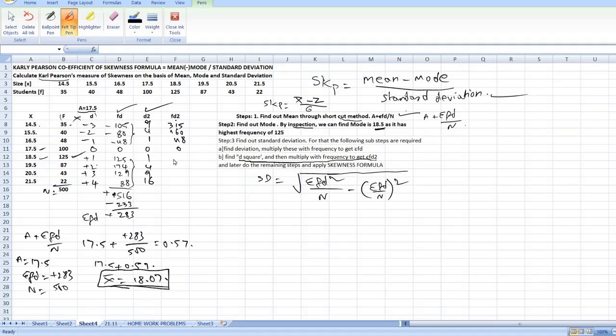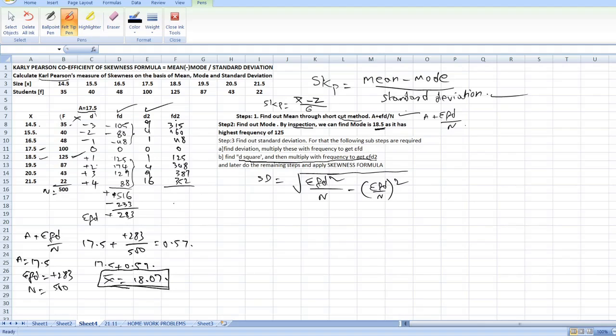Okay students, and next is 48, 0, and here 125. Here 87 into 4 comes to 348. And next 43 into 9 comes to 387. And next 16 into 22 comes to 352.